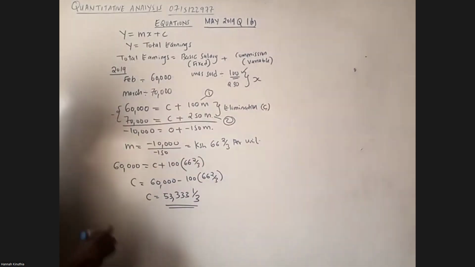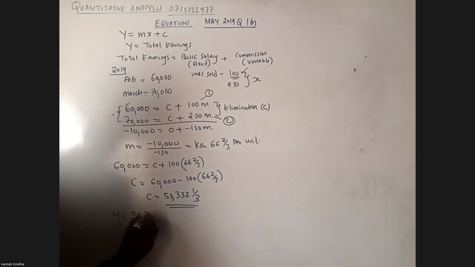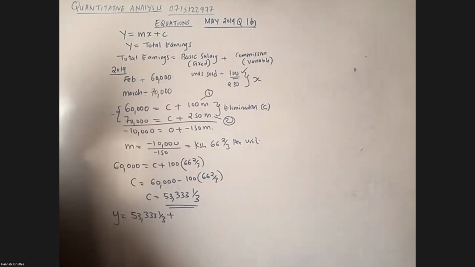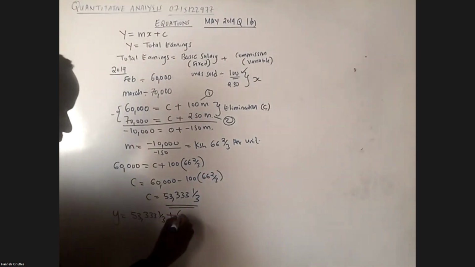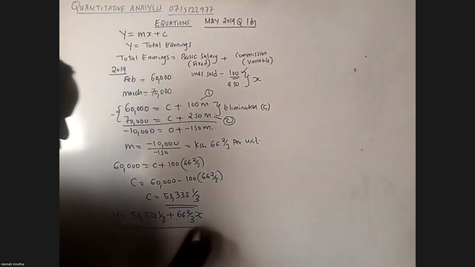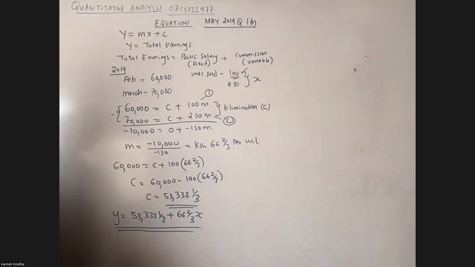So meaning our equation is equal to 53,333 1/3 plus 66 2/3 x. So this is our equation, which represents the equation you can use to get the total salaries.